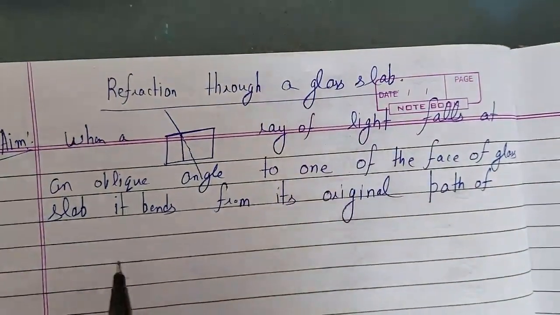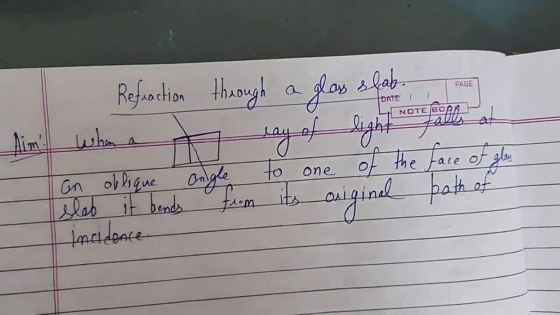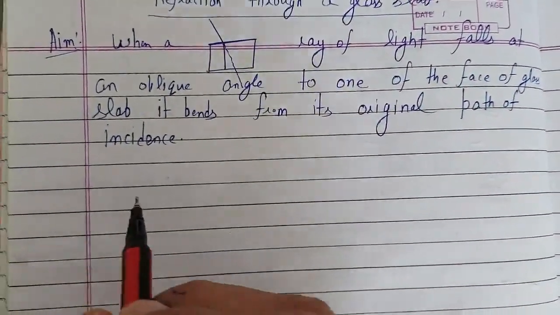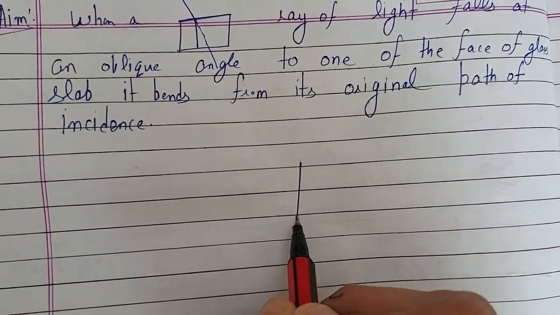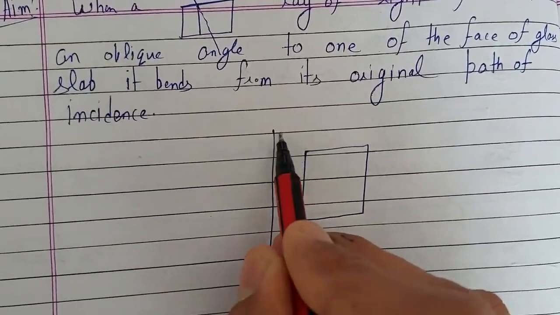We have to show it experimentally. For that, you will take a glass slab and place it on a sheet of paper.